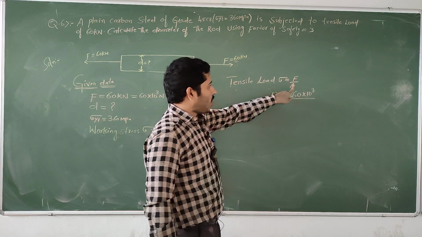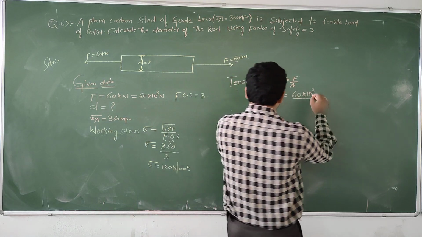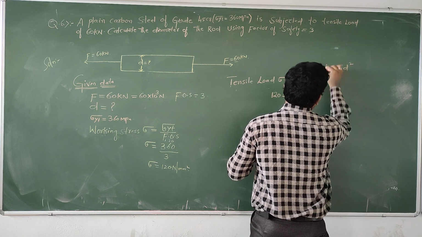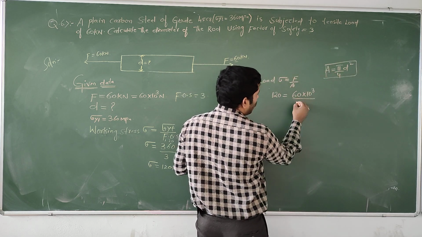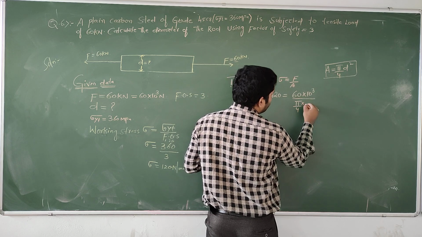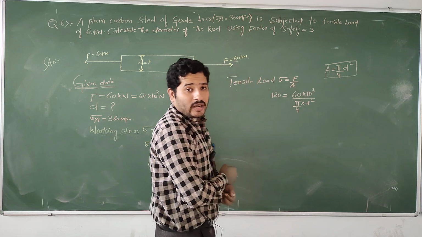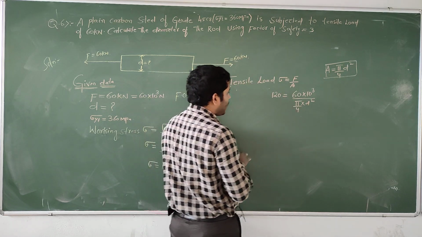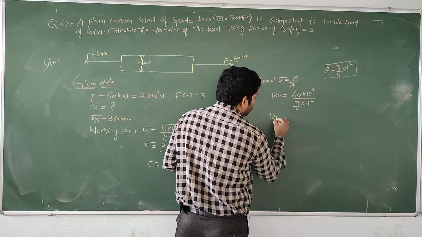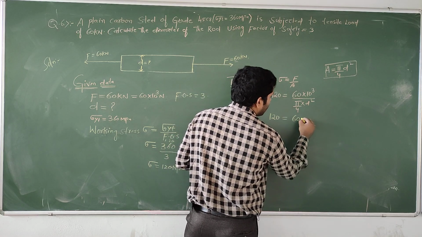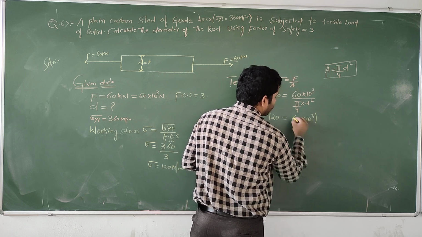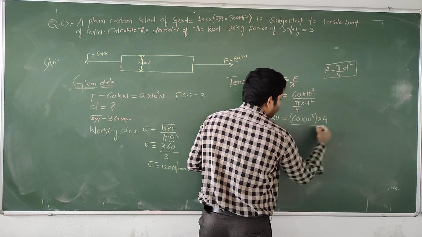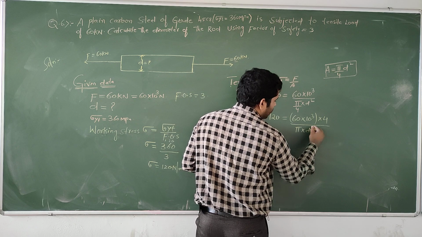So we need to find out the diameter. The area formula is A is equal to pi by 4 into d square. Then we substitute over here, pi by 4 into d square. From this formula we can easily find out the diameter of the rod. 120 equal to 60 into 10 power of 3, and if it is moved above, it is multiplied by 4 divided by pi into d square.